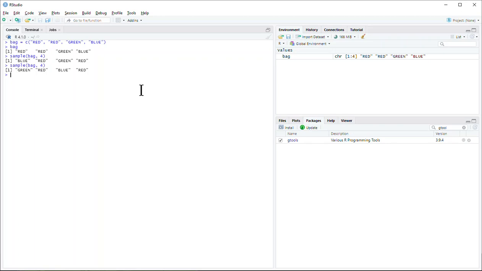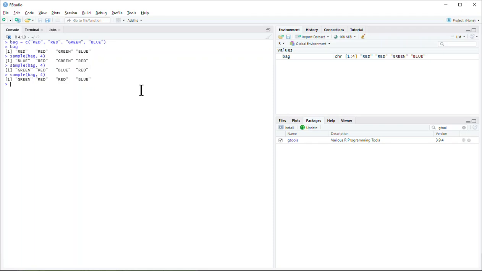But you'll notice that those are in a different order because it's randomly done. Without replacement, by the time I get to the end of my 4 selections, there's only 1 marble left, so each time we know we're going to get 2 red, 1 green, and 1 blue in some order. If I did it another time, this time I have green first, then red, then blue, right? But again, 2 red, 1 green, and 1 blue.